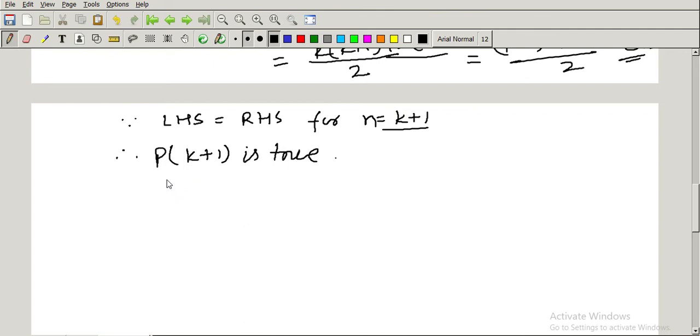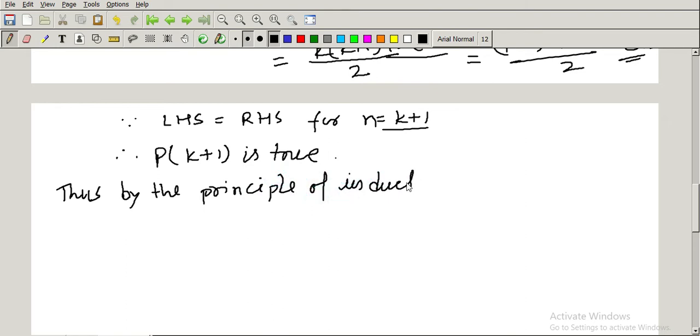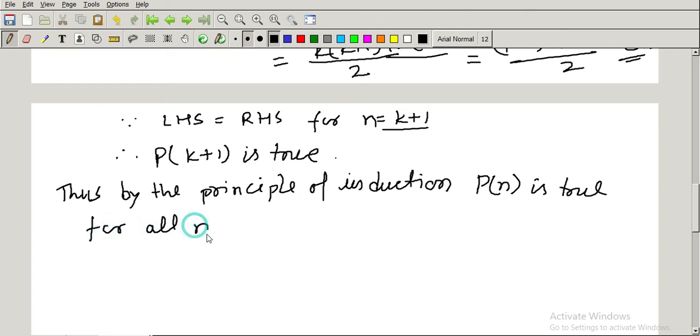So thus by the principle of induction, Pn is true for n, right.